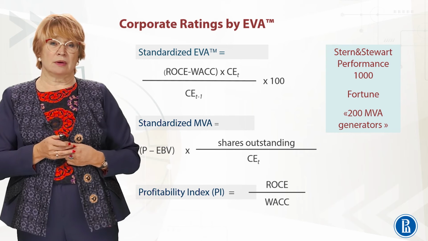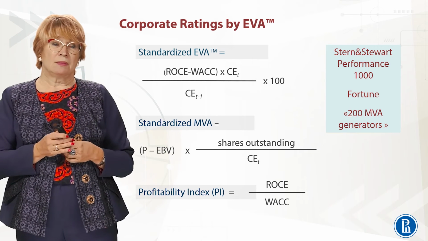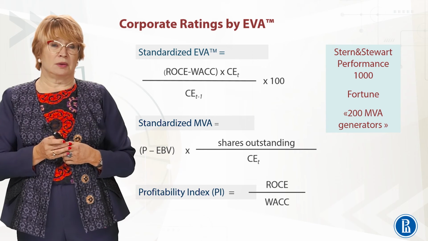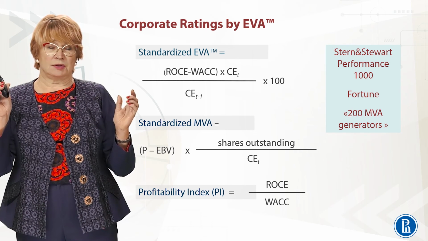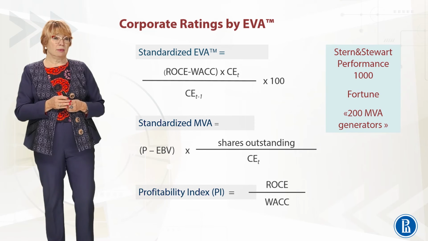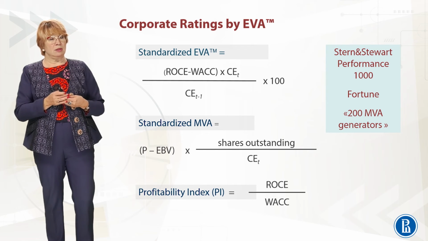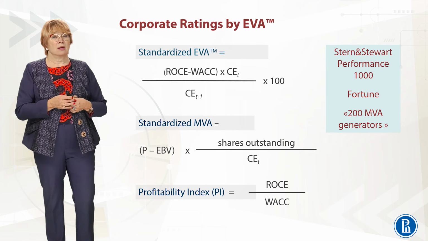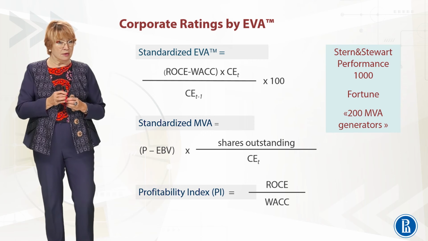When computing that measure just for ranking purposes, in the denominator you will use the capital employed with all these adjustments for equity equivalence from the previous year. And in the numerator, when computing your economic profit or EVA, you will use capital employed for the current year.